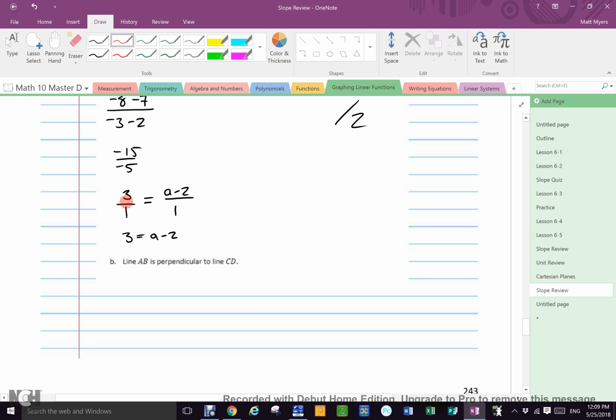If I change this side, do I get the perpendicular slope? Yes. So what would I write? Negative 1/3. If I change this side, do I change this side then? No. A minus 2 over 1. What if I change this side? Is that allowed?